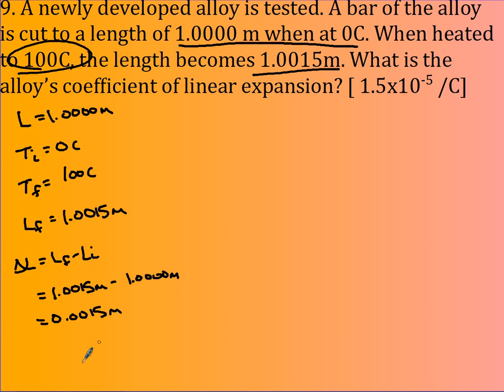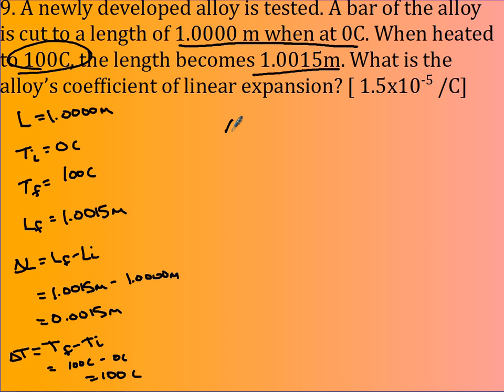While I'm here, I'm going to go on and find delta T. Delta T is T final minus T initial. So it's 100 Celsius minus 0 Celsius, or 100 Celsius. No, you cannot just say it's 100 and walk away. I need to see your work.